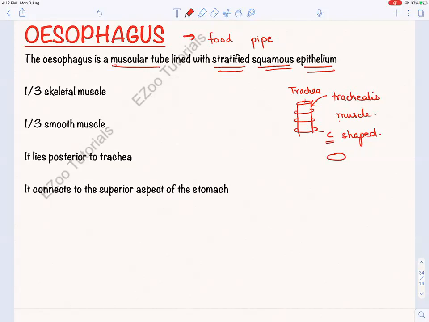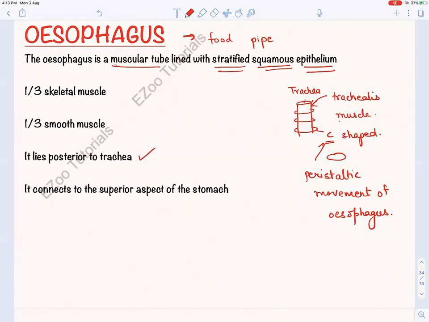So as to allow the peristaltic movement of the esophagus, because the esophagus lies behind the trachea. It lies posterior to the trachea, and now you know why the C-shaped ring is there.